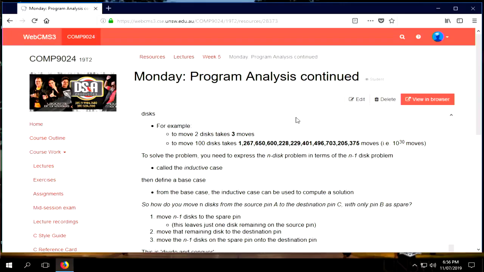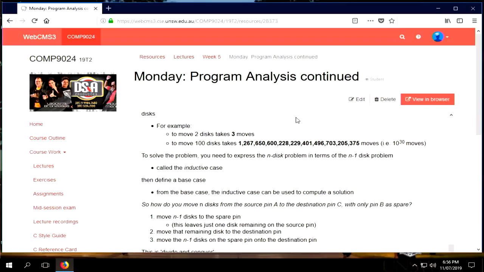Whatever I'm doing, when I have n discs, what is the problem here exactly? I have n discs, and I've got to get them from the first pin to the third pin, from the source to the destination. That problem can be simplified: if I get the top n-1 discs onto the buffer in some way, which I can't do in one hit, of course, because you can only move one disk at a time, then I've got just the big disk.